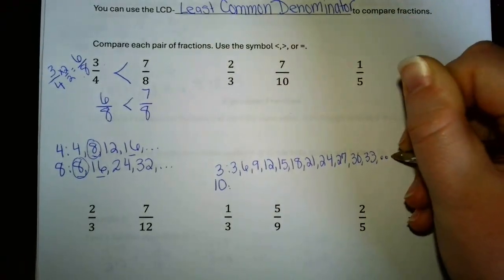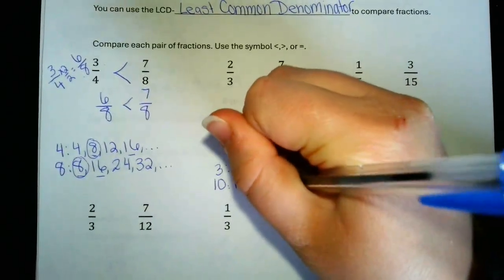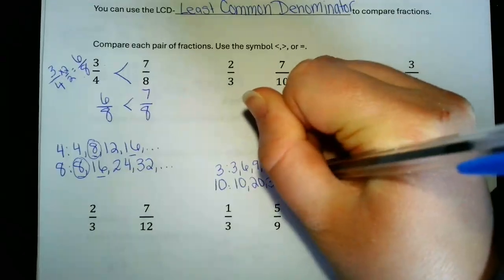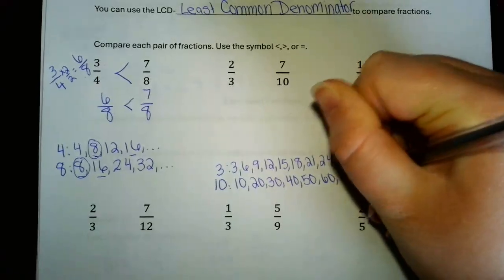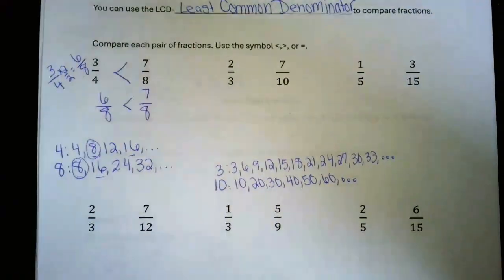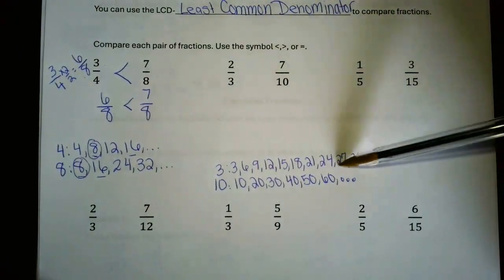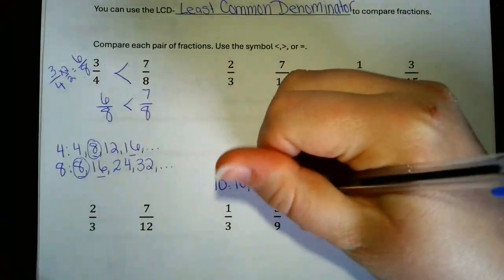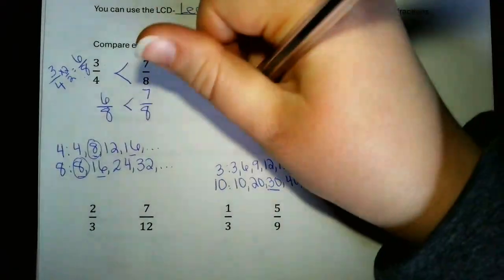And then they would keep going. Multiples of 10 we'll say are 10, 20, 30, 40, 50, 60, and so on. We then find the least common multiple of those two. What number occurred in both lists? 30. So we want both of our fractions to have a denominator of 30.